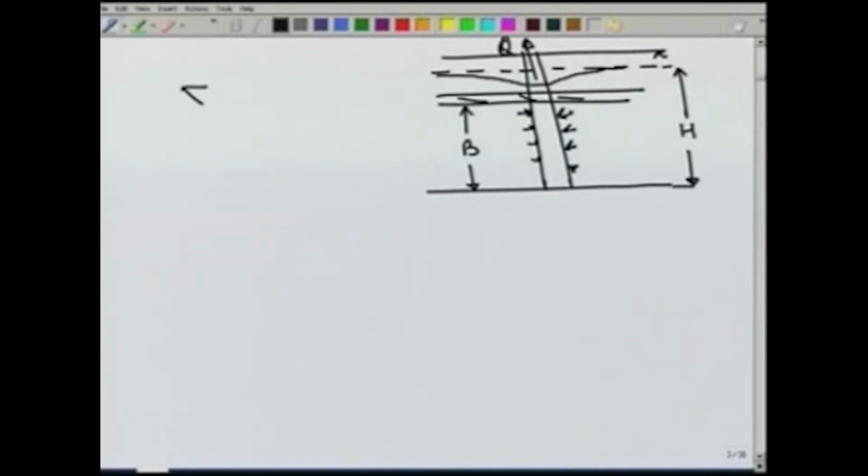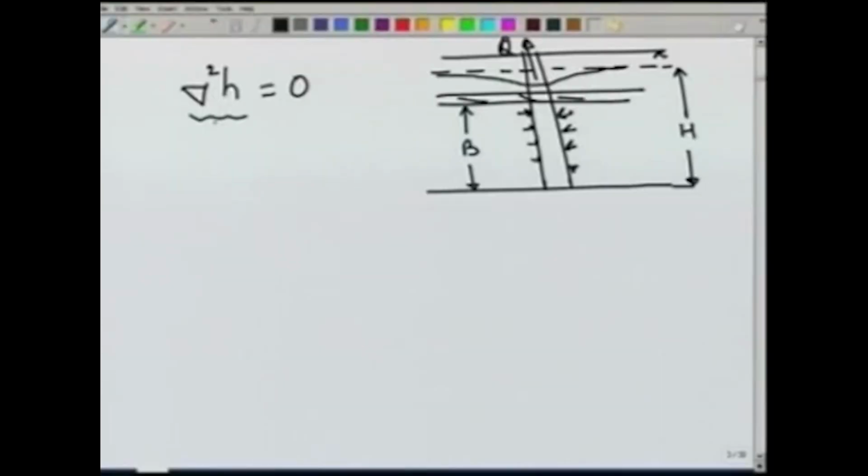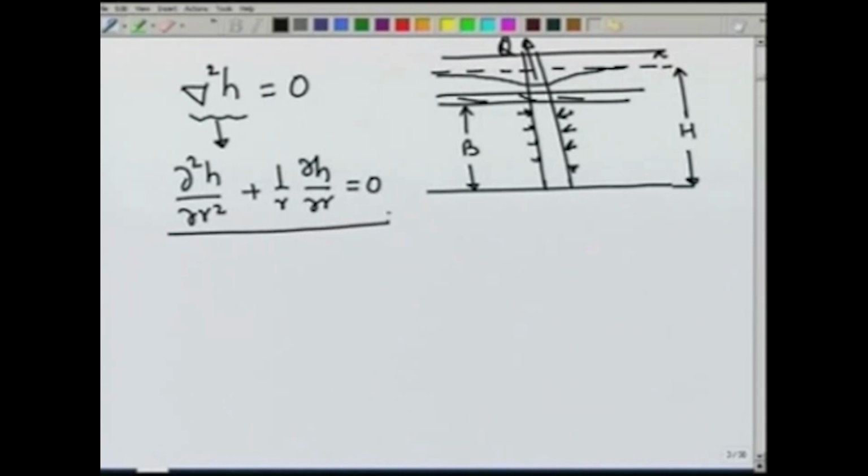If we use the Laplace equation, del 2 H equal to 0. Now, since this is a radially symmetric flow condition, we would like to use radial coordinates here, and therefore, the equation becomes this. The Laplacian operator in radial coordinates also involves partial derivative with respect to theta, but here because of the radial symmetry, H will not be a function of theta.